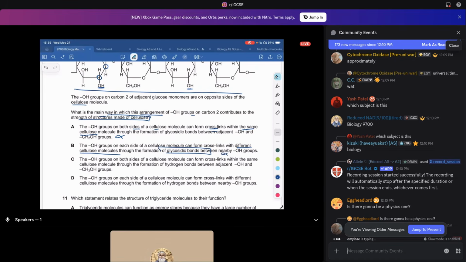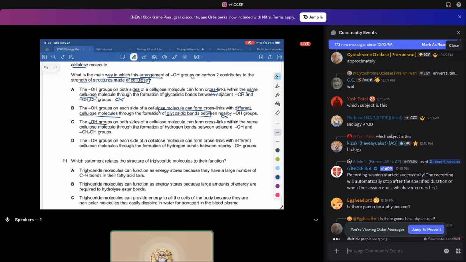Absolutely not, they're hydrogen bonds. Same cellulose molecule? Obviously not. We said different cellulose molecules. And the OH group on each side of cellulose molecules can form crosslinks with different cellulose molecules. Yes. Through the formation of hydrogen bonds? Yes.